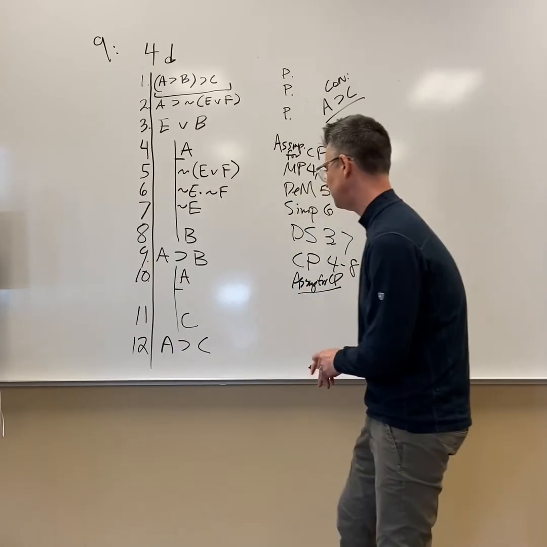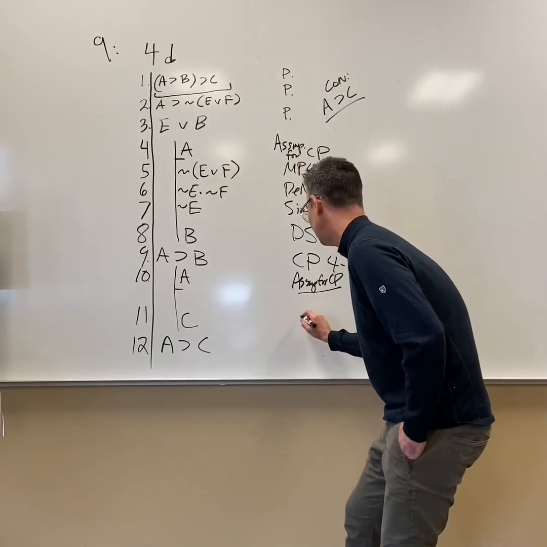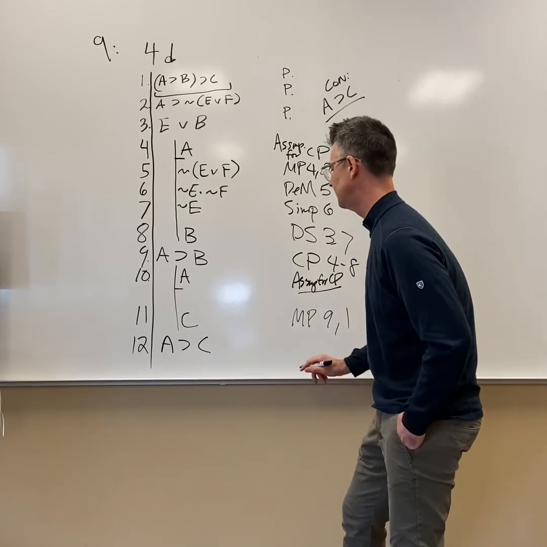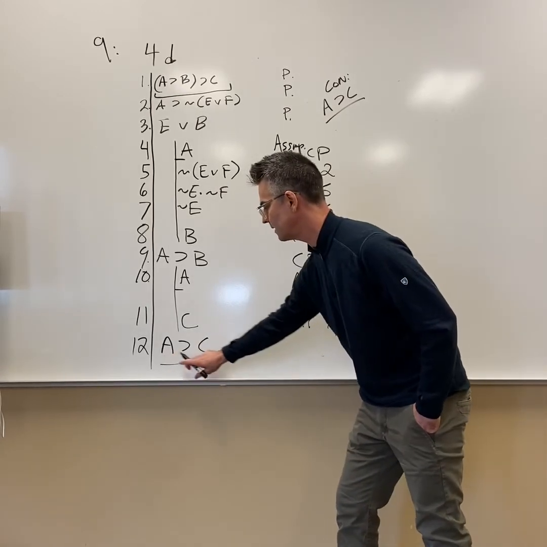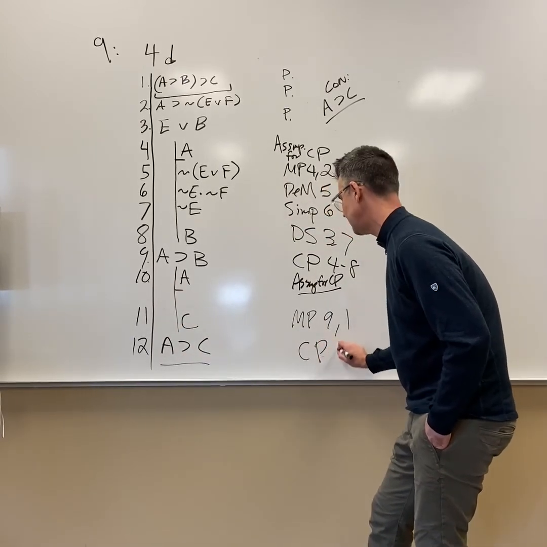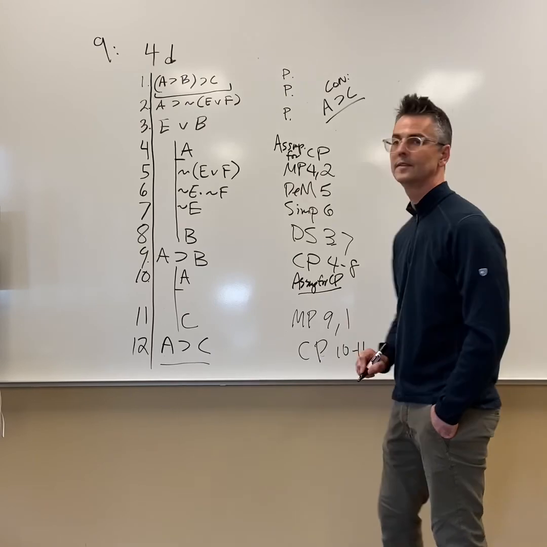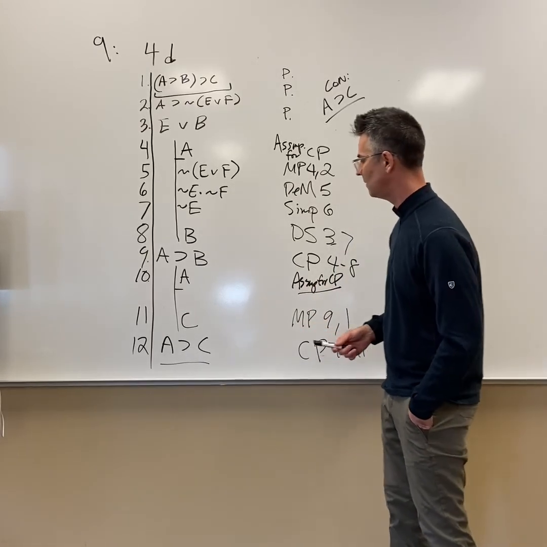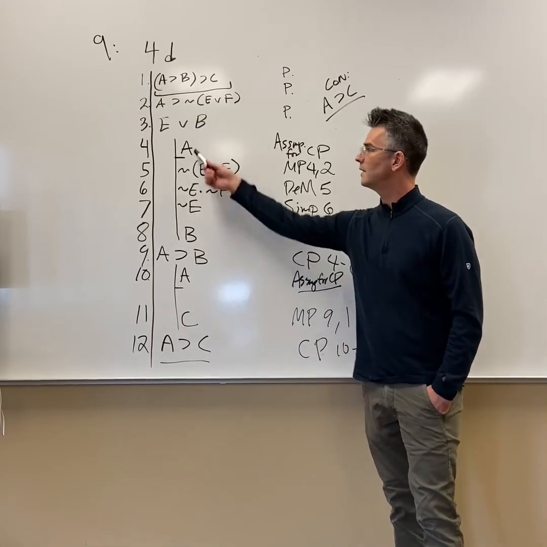It's derivable from modus ponens on steps 9 and step 1. And then I just need a justification for this last step, but that's just conditional proof, steps 10 through 11. Bravo!